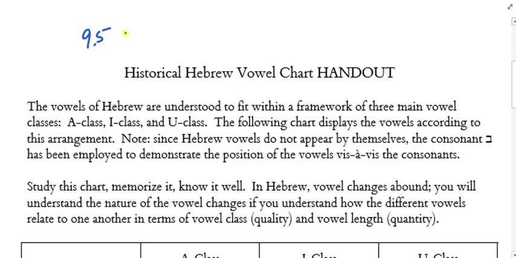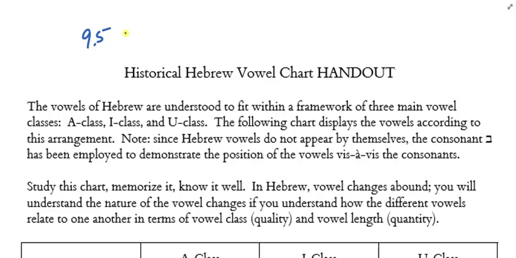Now, the vowels of Hebrew are understood to fit within a framework of three main vowel classes: the A-class vowels, the I-class vowels, and the U-class vowels. What I'm showing you here and what Ross is showing you is a different way of arranging the vowels of Hebrew. When we first learned the vowels in Hebrew, we gave you a 5-vowel chart, the A, E, I, O, U chart, and I called that the simplified vowel chart.